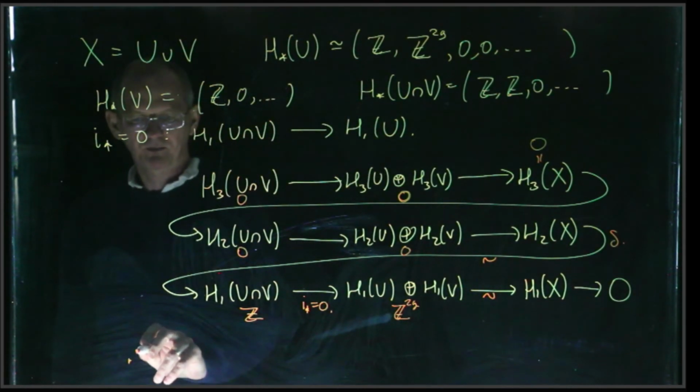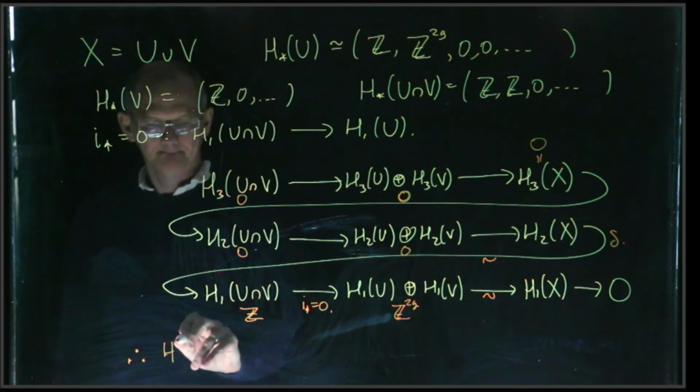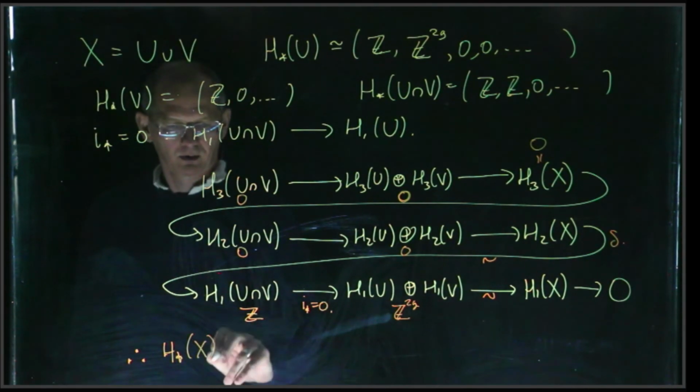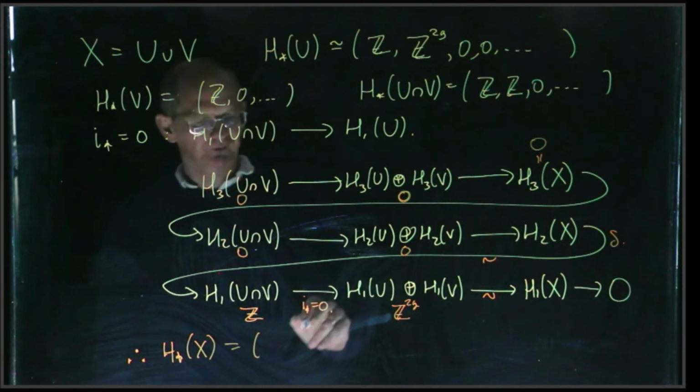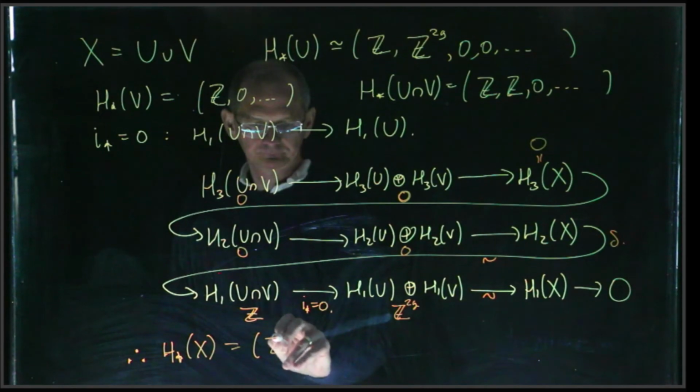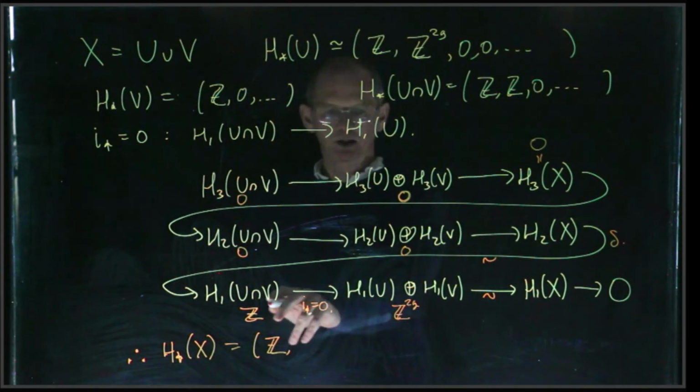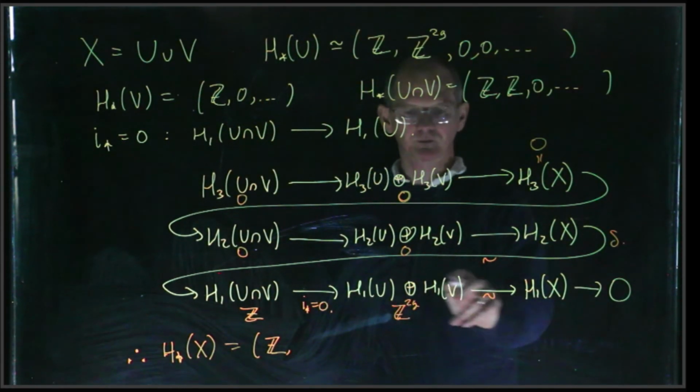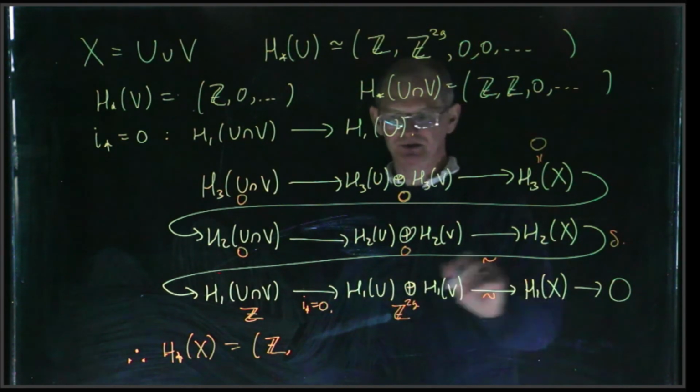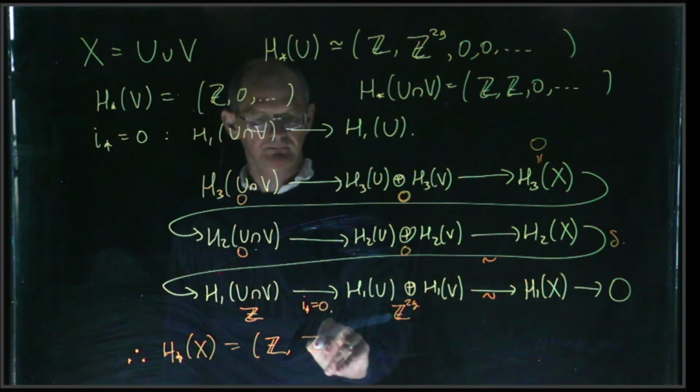So we find the homology of X. In dimension 0, X is connected, so we just get a Z there. And then our H1 of X, well, this map here is an isomorphism, so H1 of X is just Z^2g.